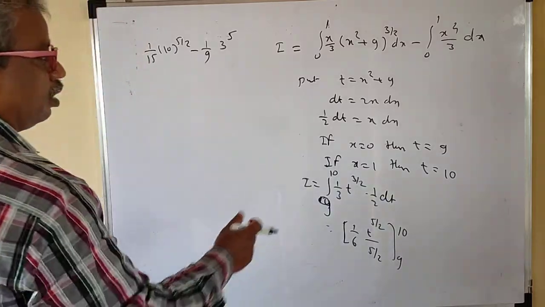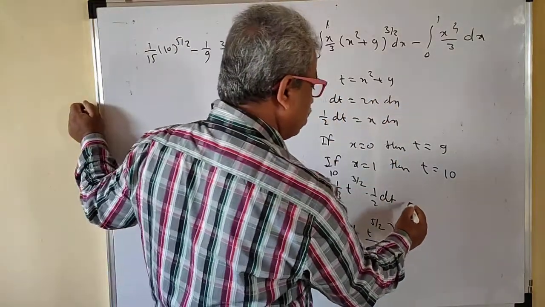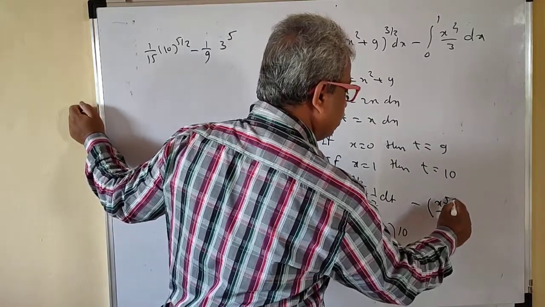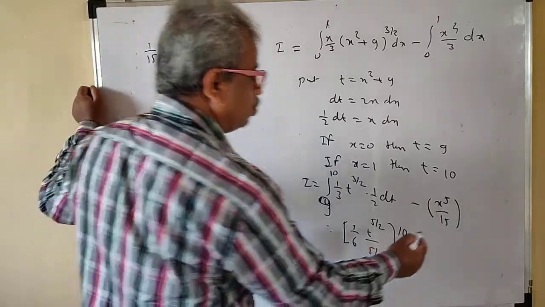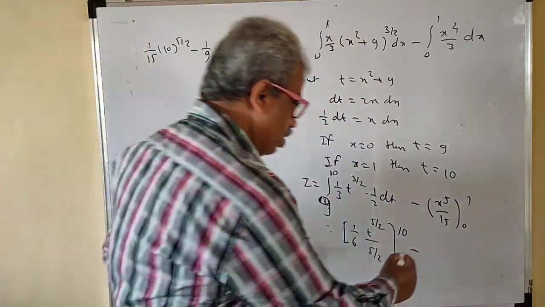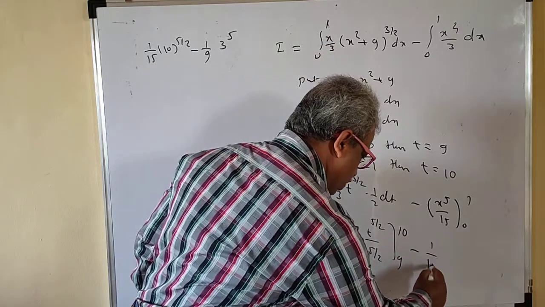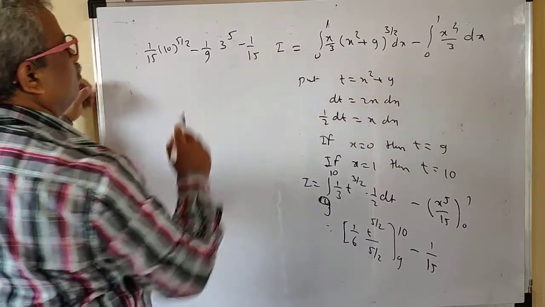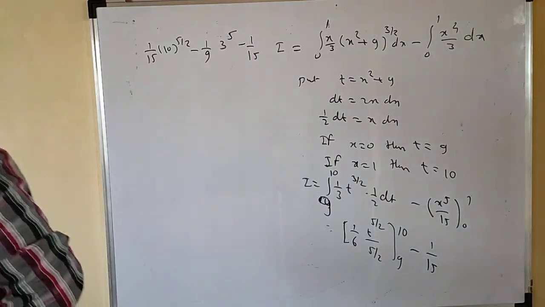And this term remains now here. This is x to the power 5 upon 15, x to the power 15, 0 to 1, minus 1 upon 15. Okay, so minus 1 upon 15 is there.